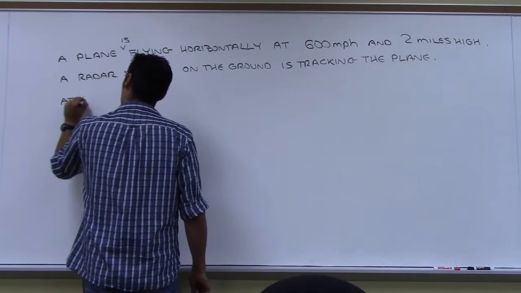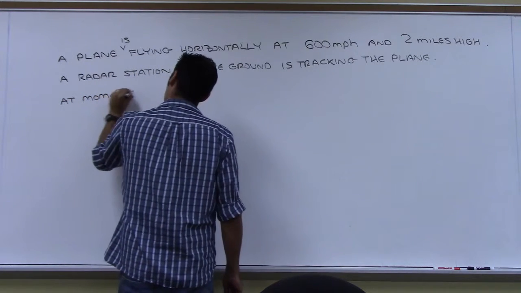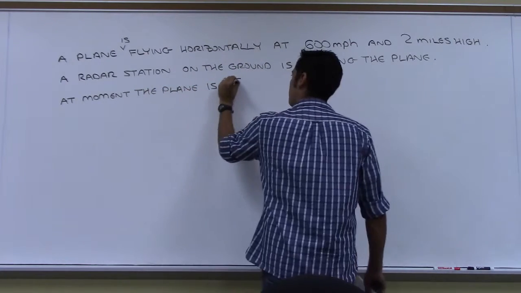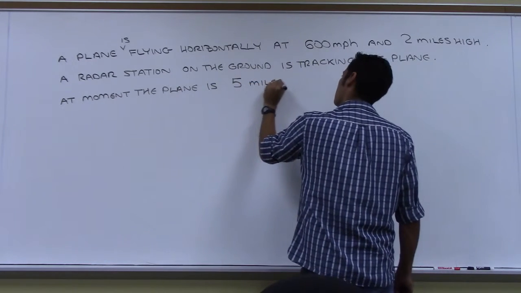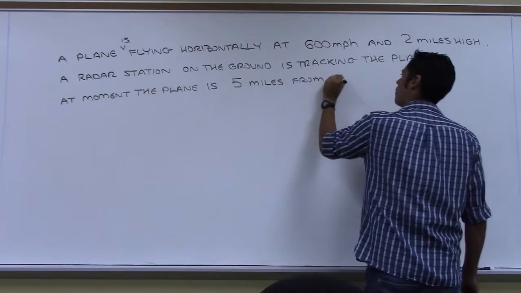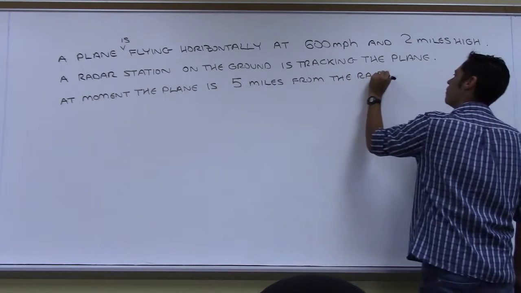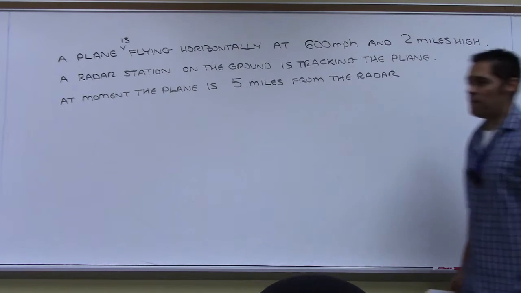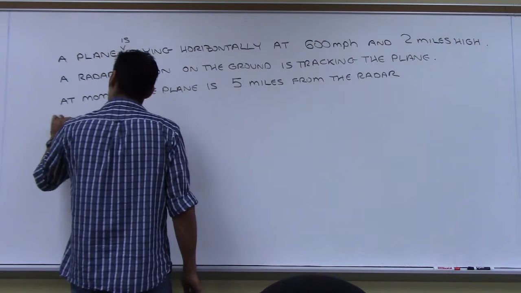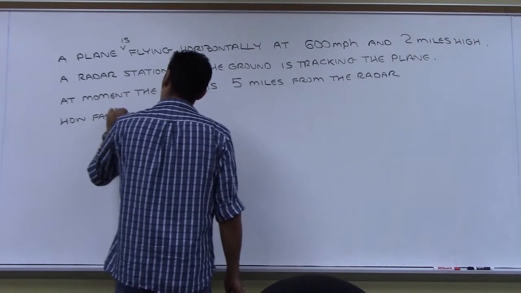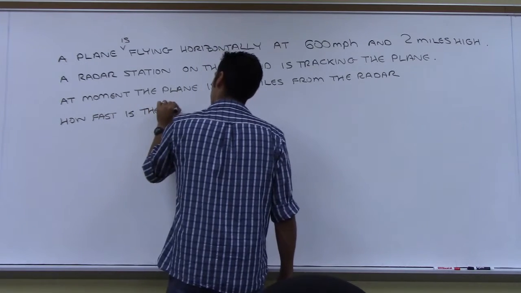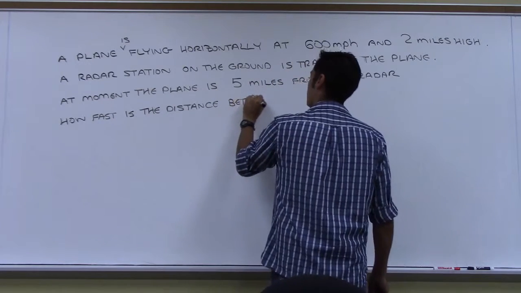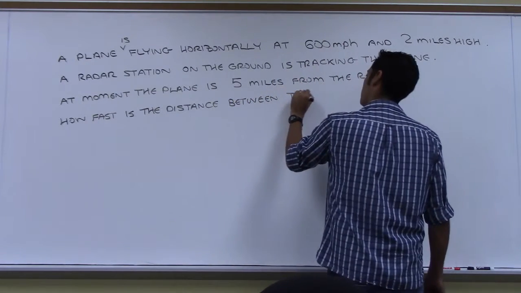At the moment the plane is 5 miles from the radar, how fast is the distance between them closing?